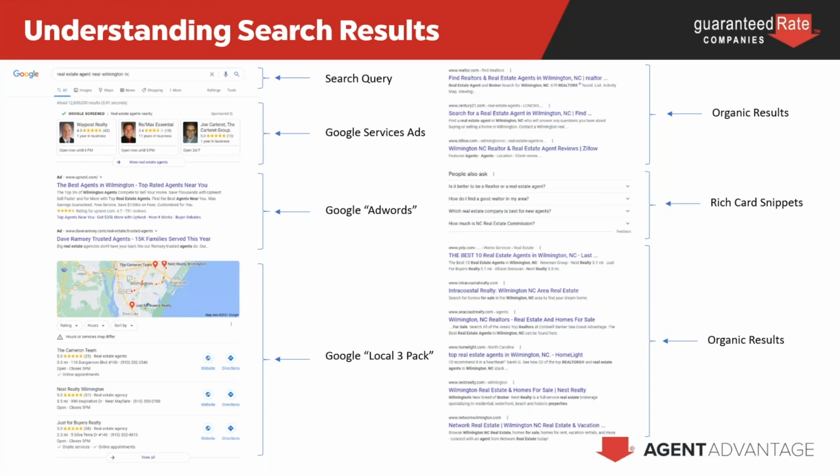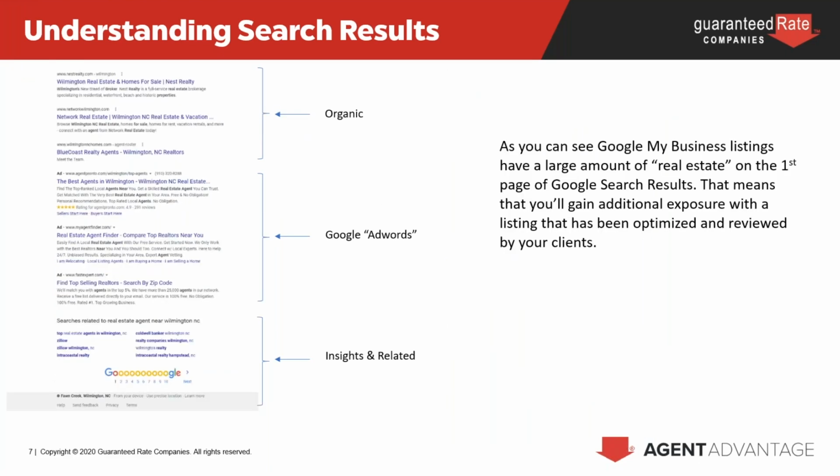And then on the next slide, you'll see organic results continue for a little bit longer in the page, and then it goes into more places for Google AdWords. And then what's sometimes overlooked is the related search queries that Google puts at the very bottom of the page. You'll probably notice that when Google tries to guess what you're writing and what you're searching for, that's a really good way of looking at content.